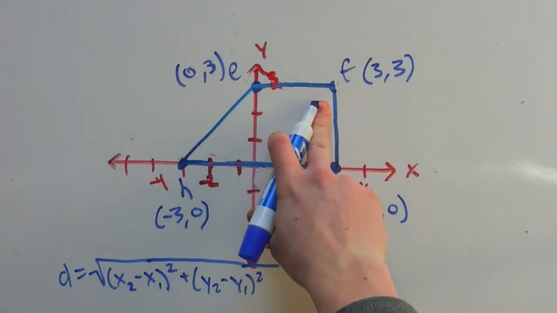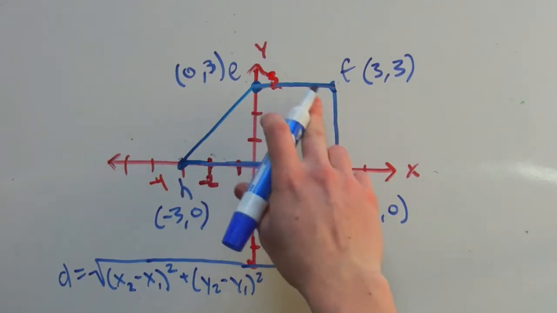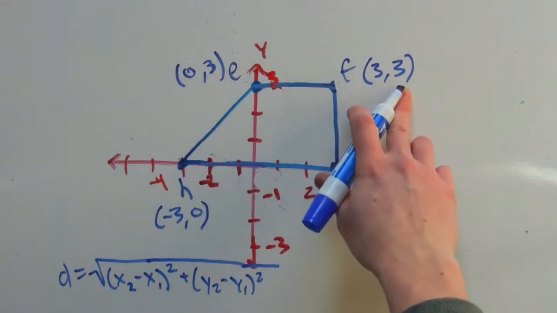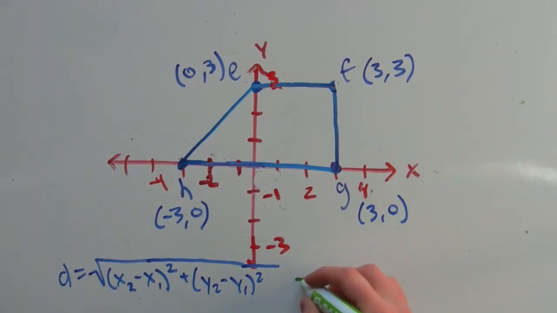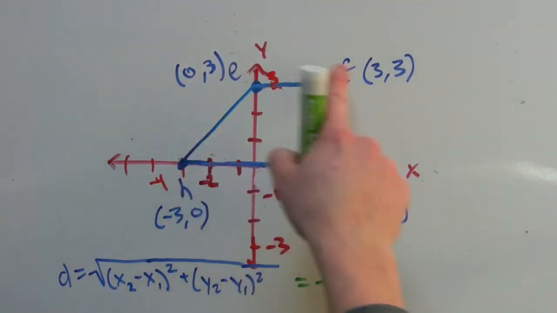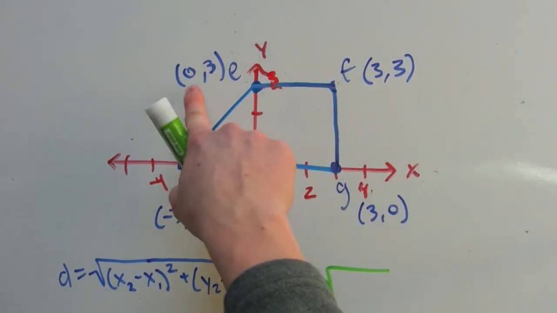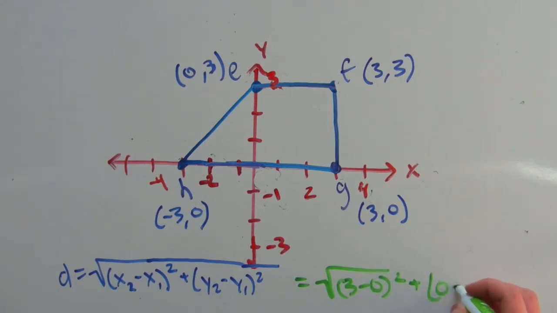So from E to F, we can use this just like a number line because it's a straight line. So there is no vertical change, so the 3's in the y stay the same, so the change in y is still 0. However, we have a change in x. It goes from 3 to 0. So x2, 3 minus x1, 0, plus, we know our y already is 0.